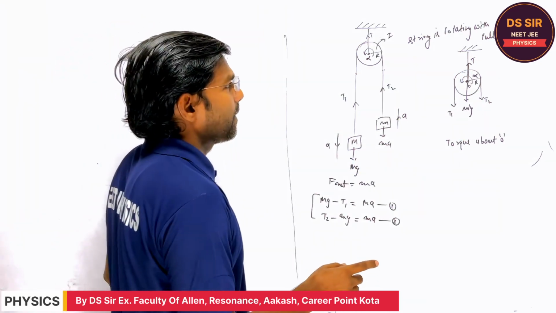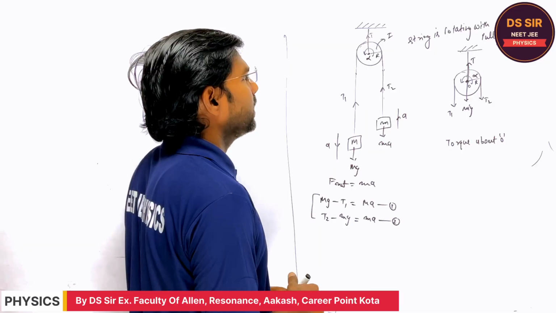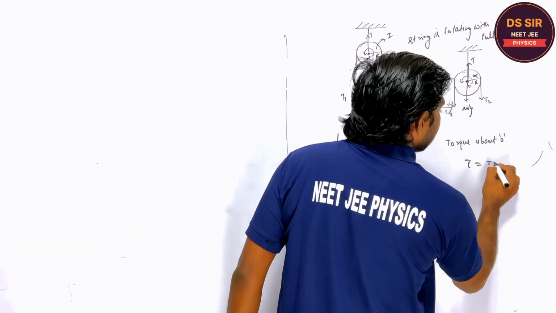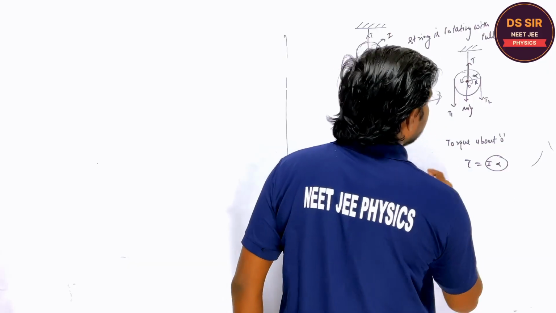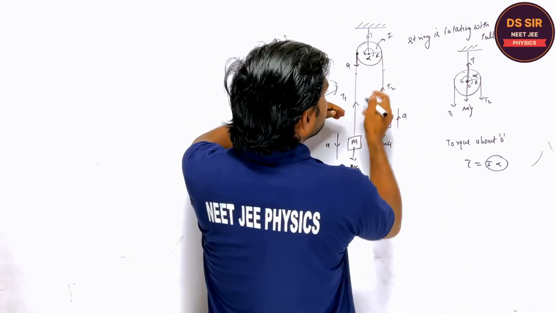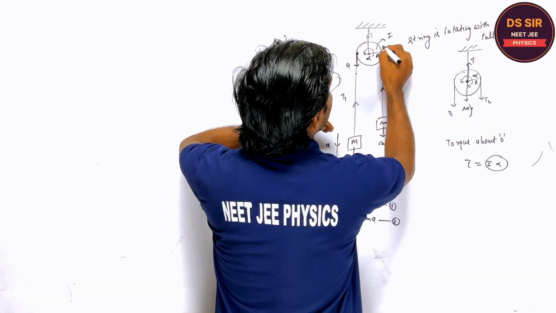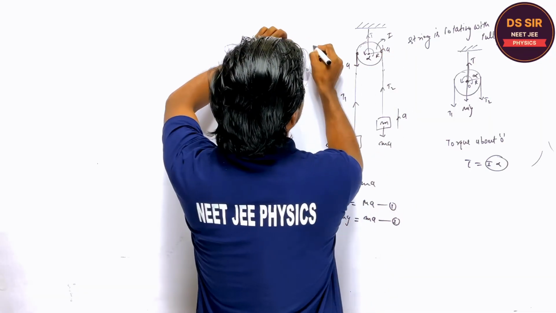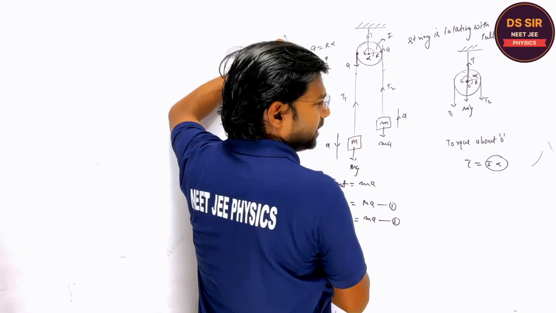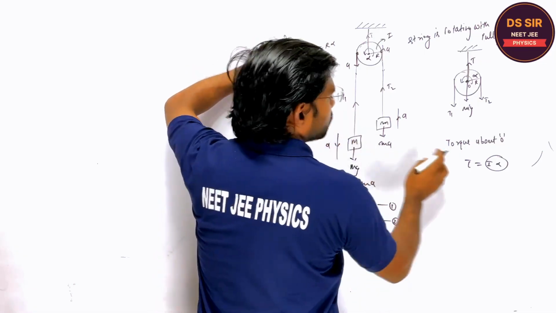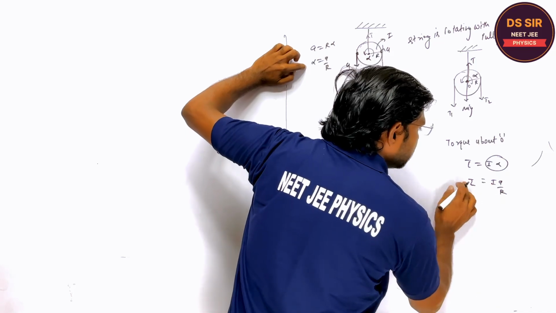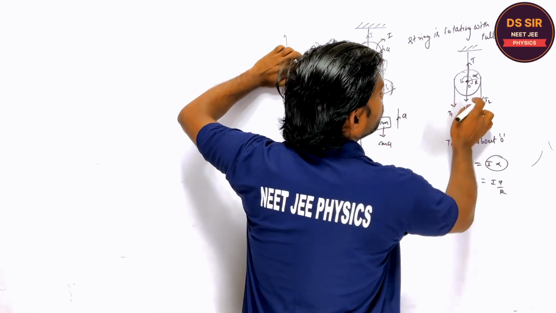If the acceleration of this point is a, then a equals R alpha, so alpha equals a upon R. That is true. But what is the torque in terms of T1, T2, M1g and T?